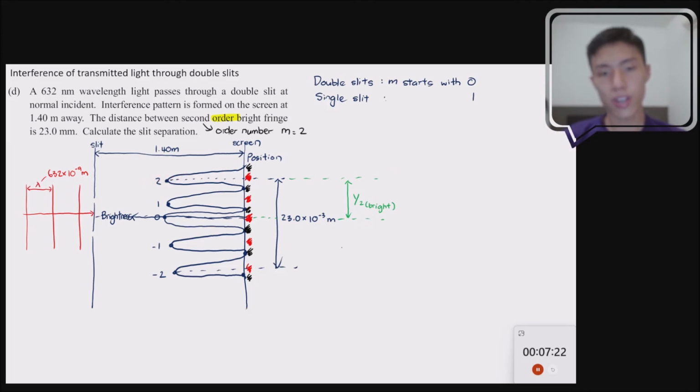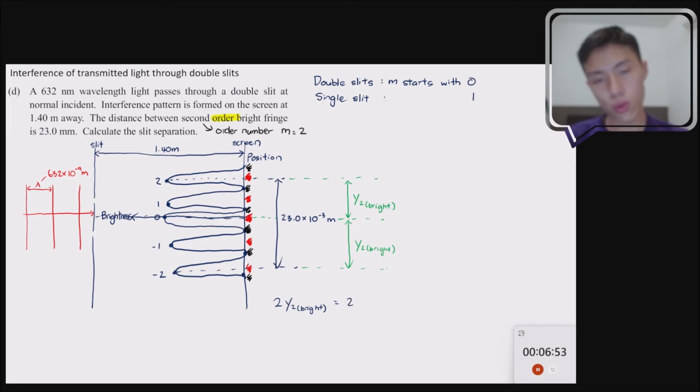Down here, this is also y2 bright. From this diagram, 2 times y2 bright is equal to this value.